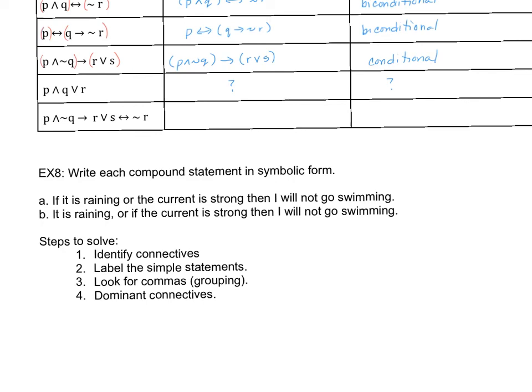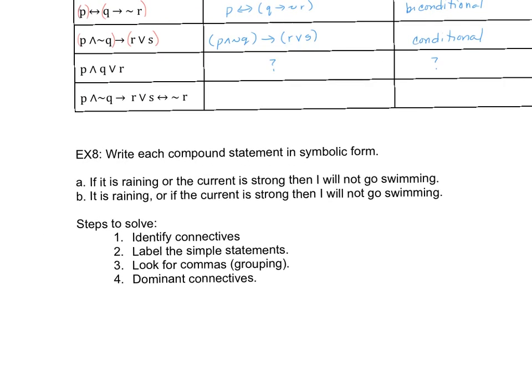Okay, let's get crazy on this last one. I have a lot of connectives, but what I do see is a biconditional, which is dominant. So where that double arrow is, I'm going to break this up into two pieces. The problem I have is within the first set of parentheses, I have three connectives.